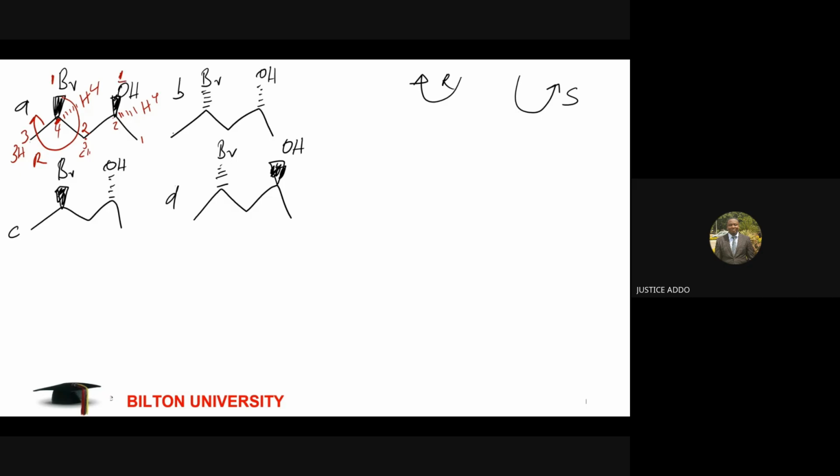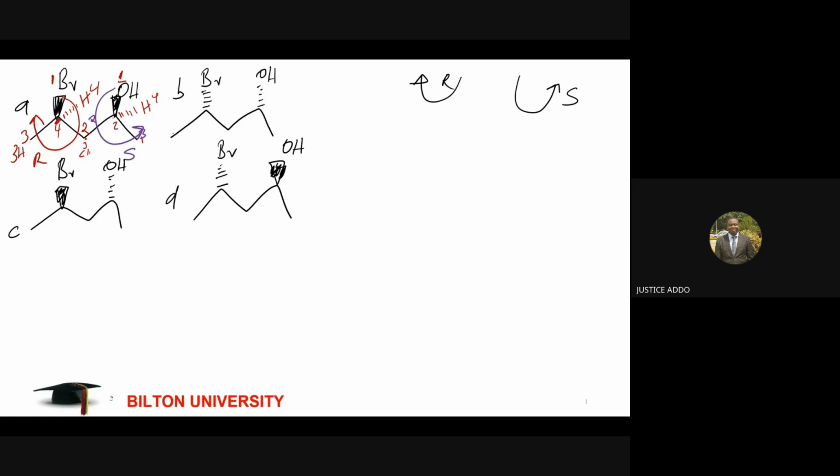And then if we look at this carbon here, it is directly attached to carbon, so it's going to be priority number 2, and this is going to be priority number 3. And because our oxygen, our first priority, is in front and hydrogen is at the back, we can easily move anti-clockwise, and this is going to give us an S configuration.